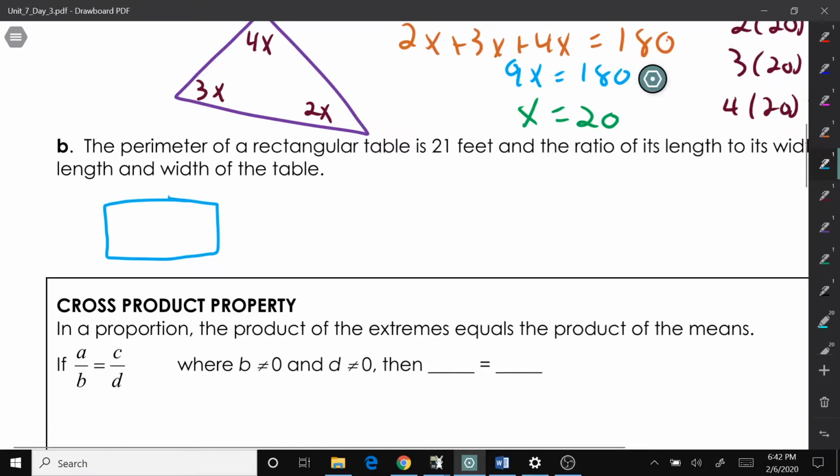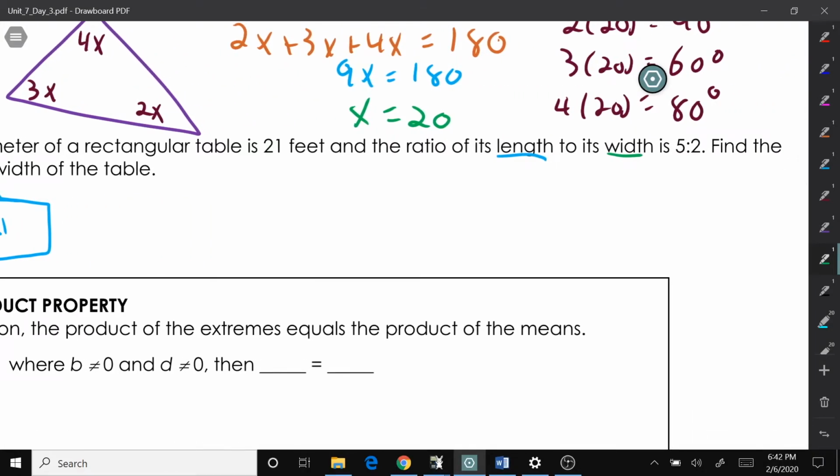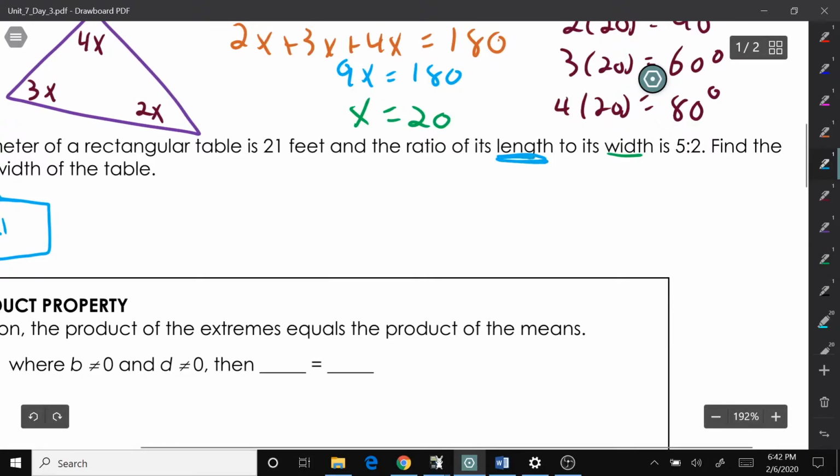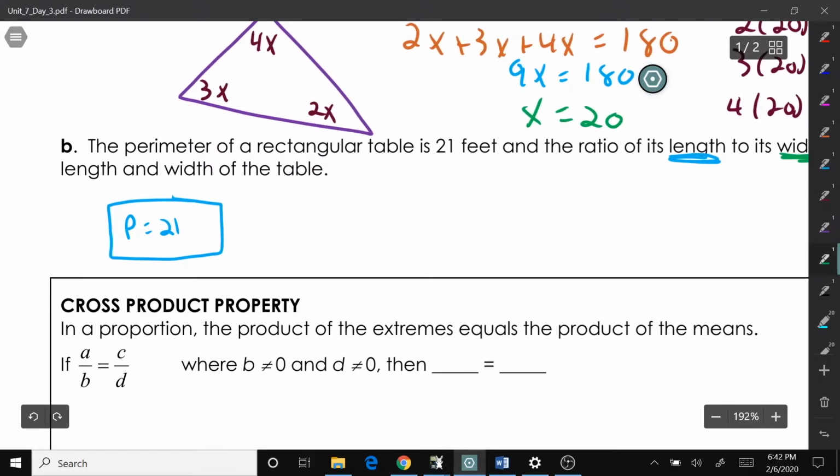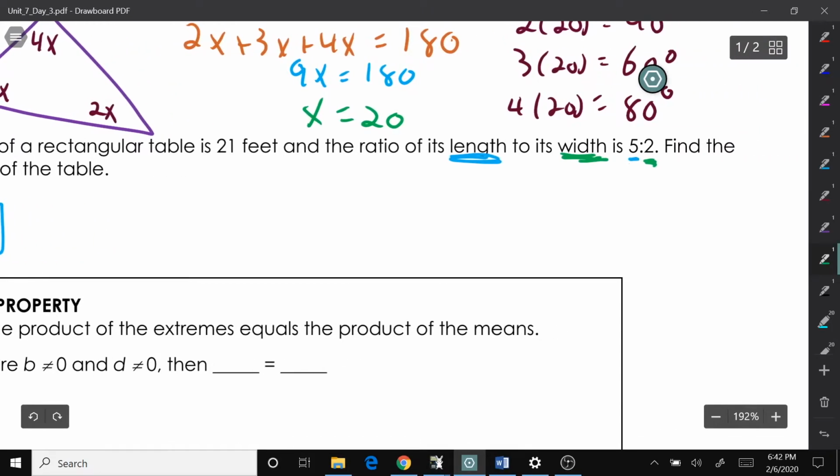And it says a perimeter is 21 feet, and the problem says the ratio of its length to width is 5 to 2, which means the length came first here, so that's 5. The width came second, so that's 2. So the order will matter because the length of this table is larger than the width because 5 is bigger than 2.